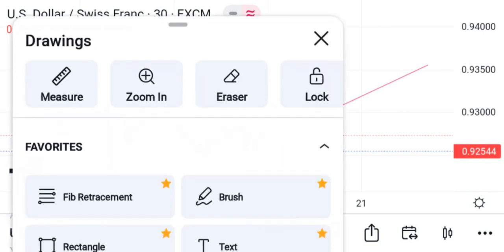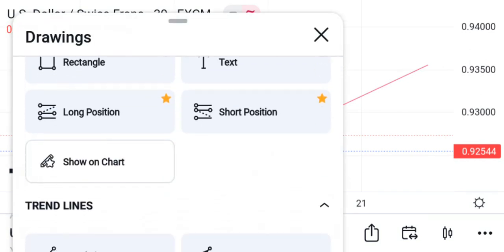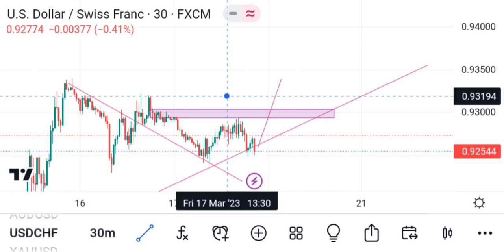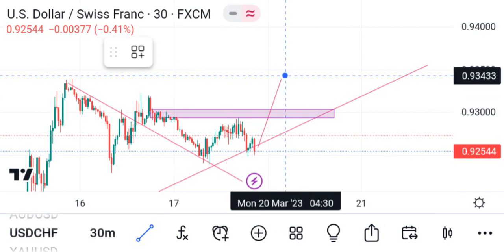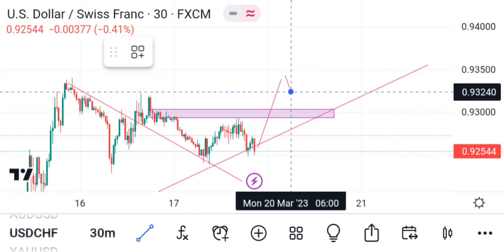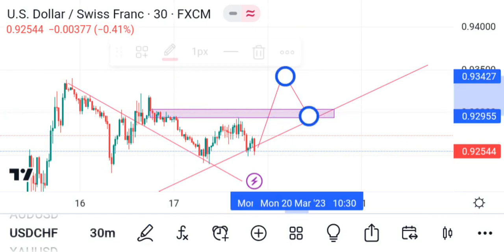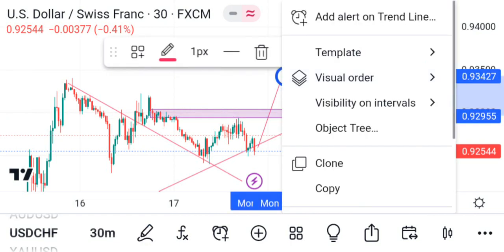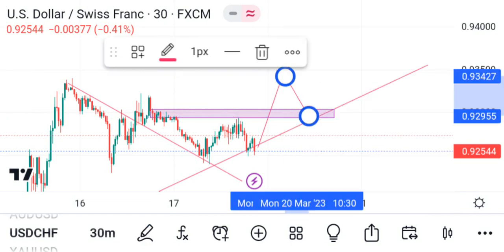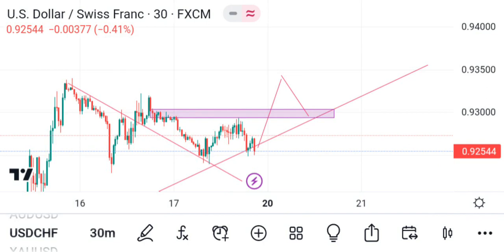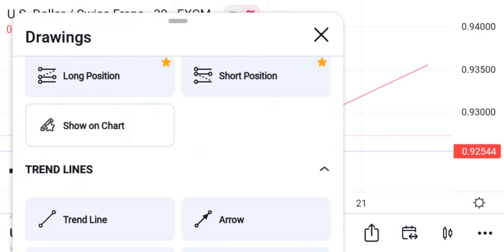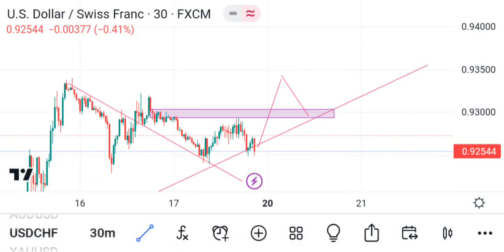Breakout strategy. Forgive my trend line. That's what I'm expecting to see here in this market.